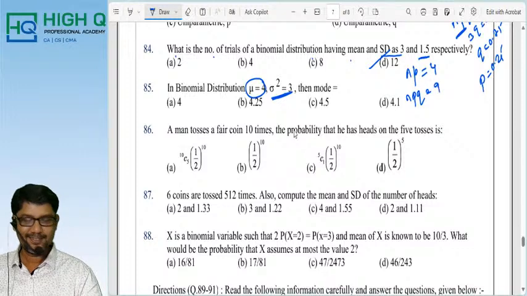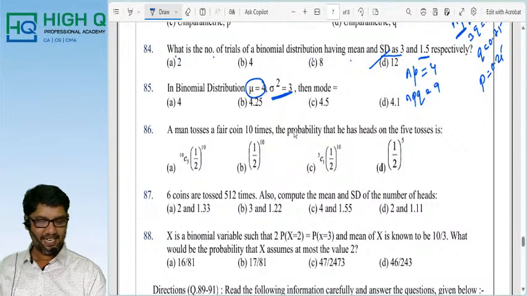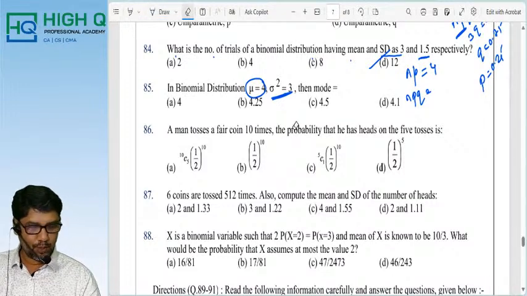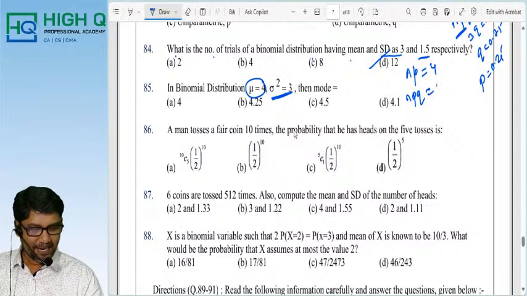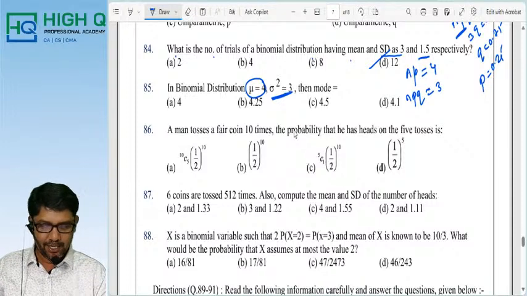Variance is given as 3. Arey, NPQ is 3 directly given. Why you have to find out standard deviation? Variance directly given. Now find mode.